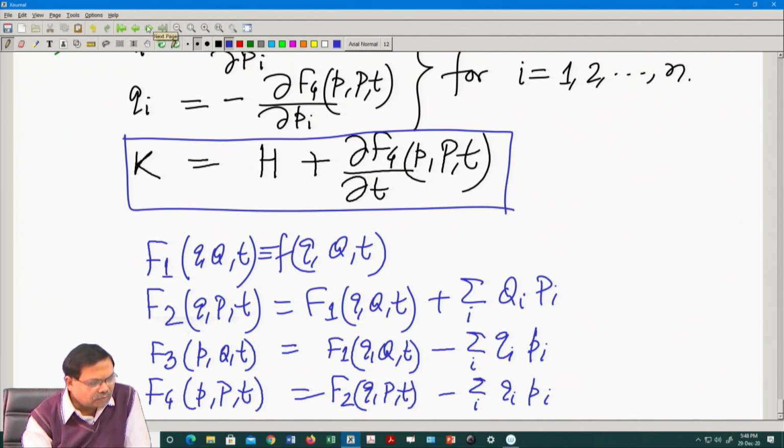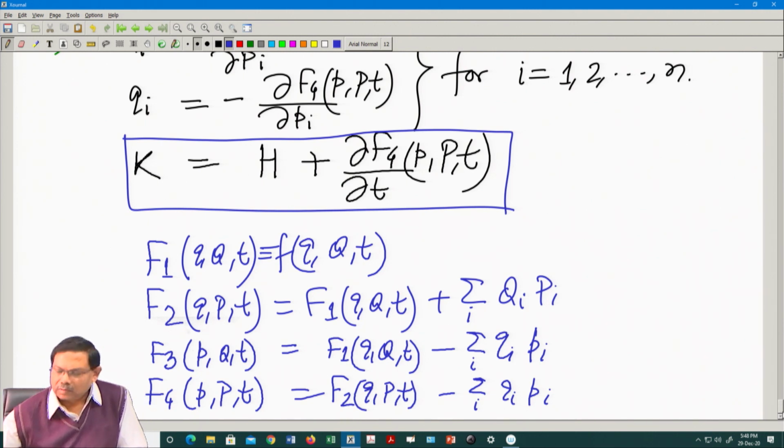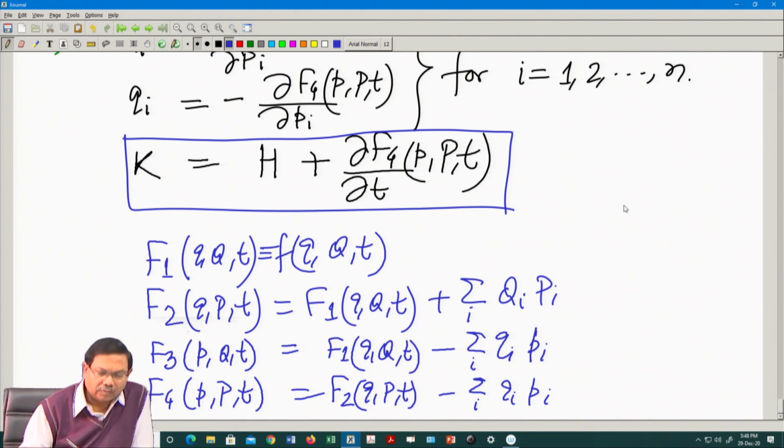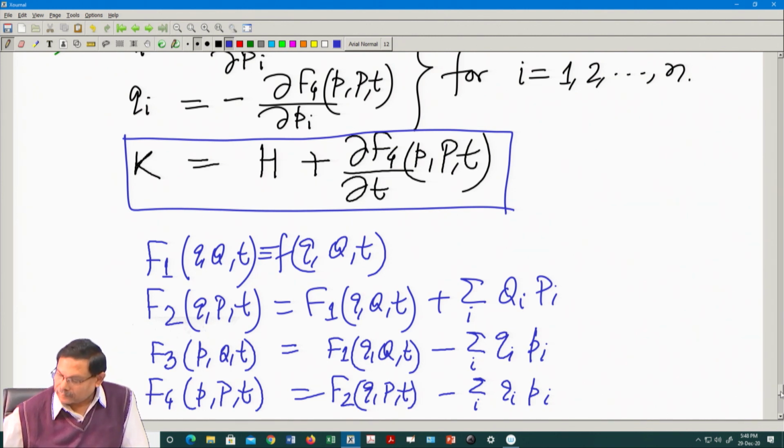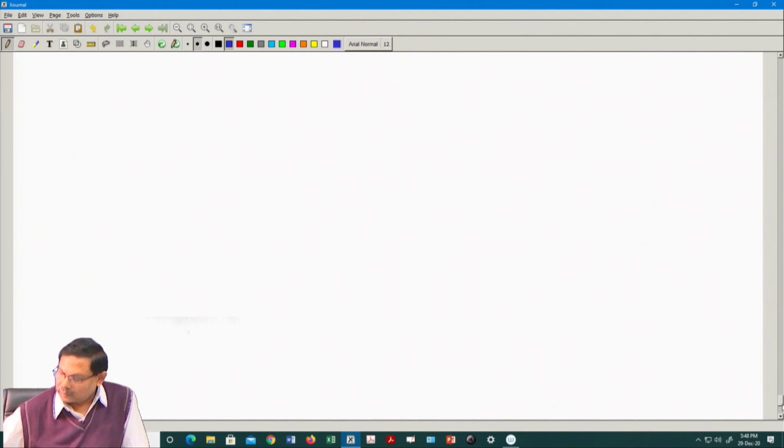I also showed you a couple of examples. One should do more details and can look at Goldstein, Classical Mechanics, for reference.